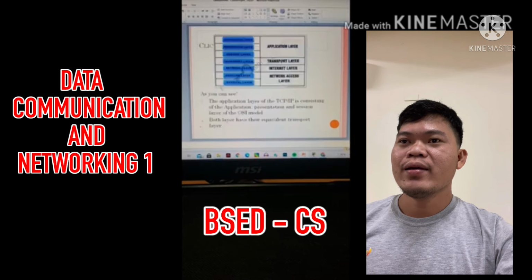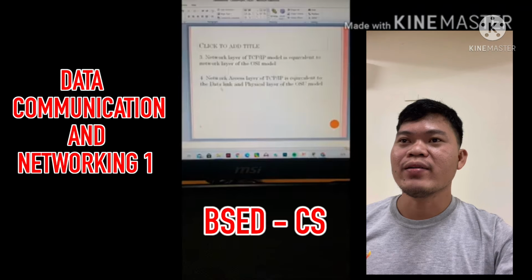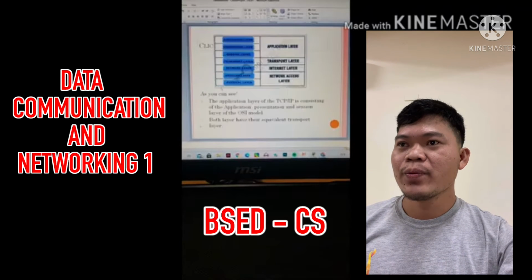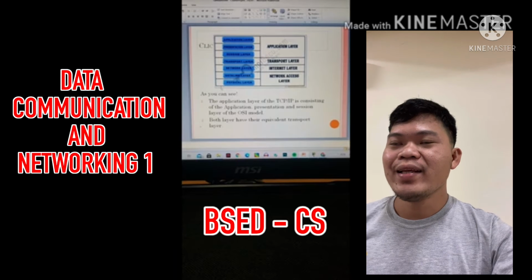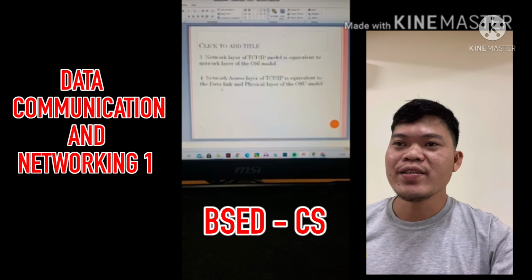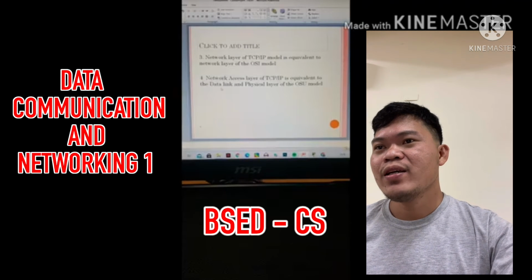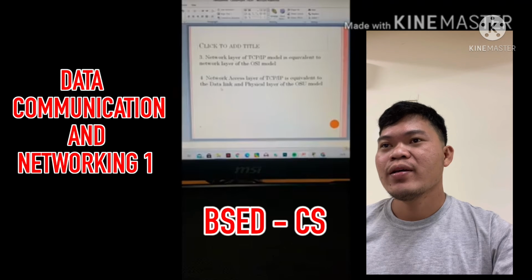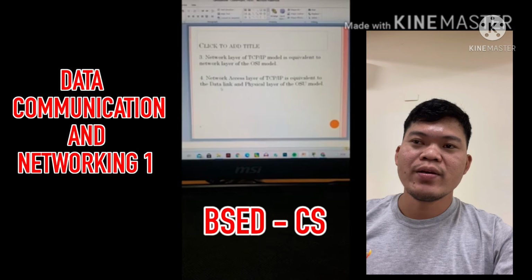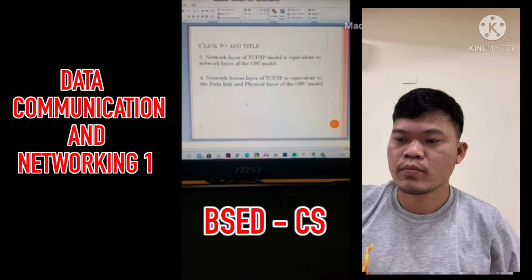And the last one is the network access layer. The network access layer of the TCP/IP model is equivalent to the data link layer and physical layer of the OSI model. And that's what I said earlier. Alright, let's proceed to another presentation.